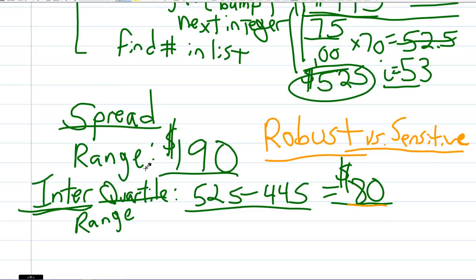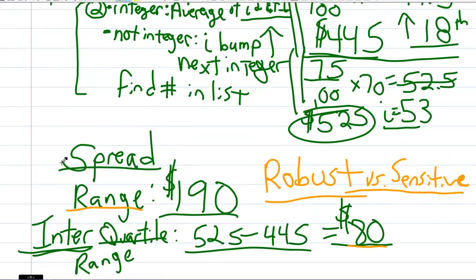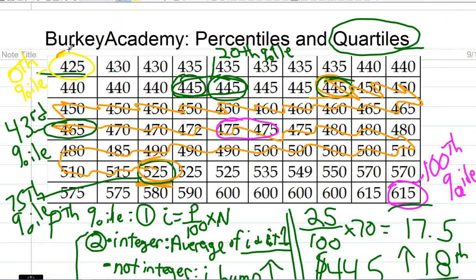The range is very sensitive because what if we replaced one of these numbers, say the 425 here, with a very cheap apartment in your grandmother's basement for $100? What's that going to do to the range? Well, it's going to crank it up from being 190 to 615 minus 100, which will be 515.